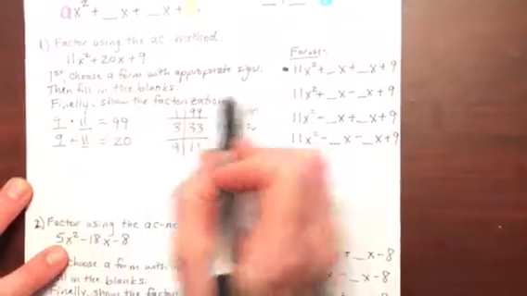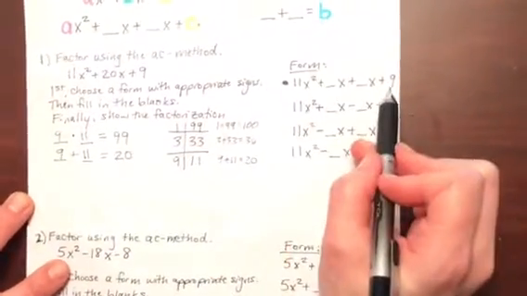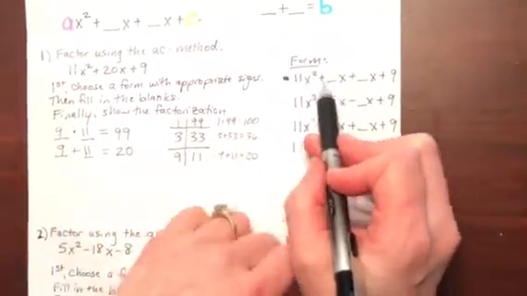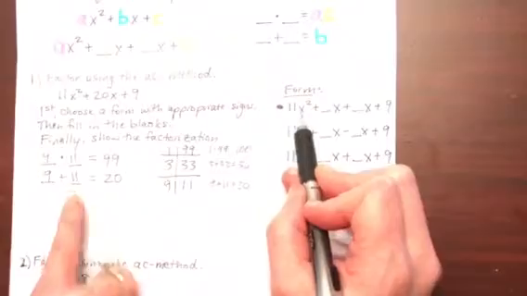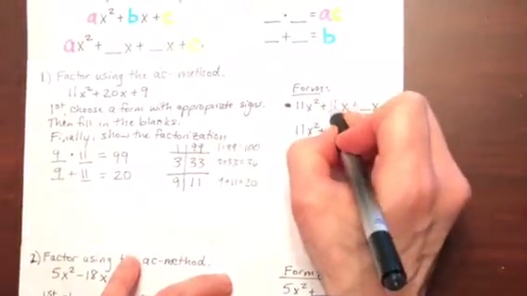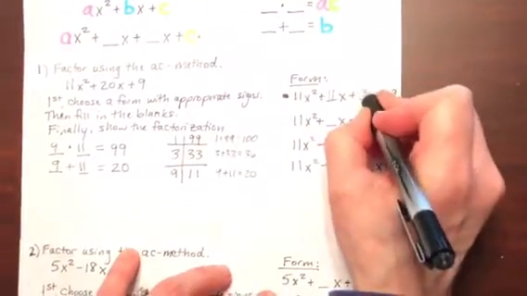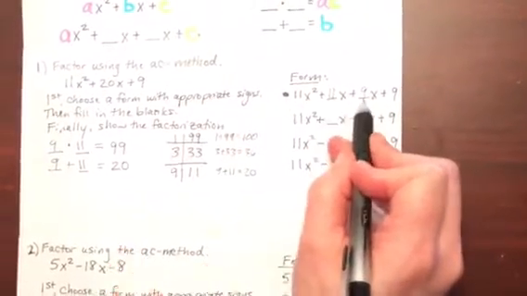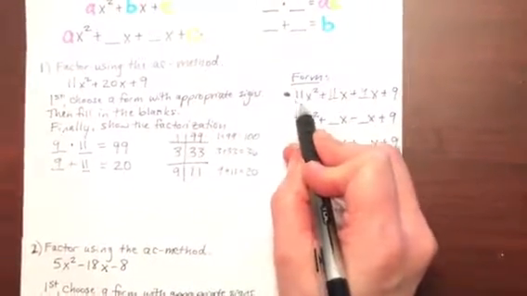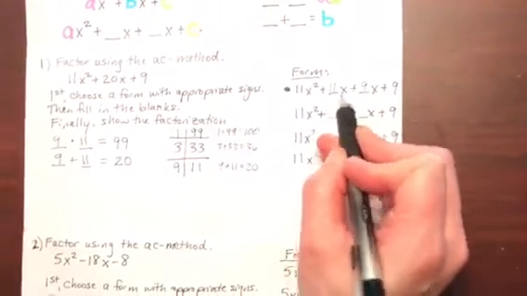Okay, so we're going to use this format. And so let's fill in our numbers. If you notice, it will actually be easier to factor by grouping if we put the 11 first, so it can be next to the 11x squared. So let's do 11x here and 9x there. And so now, once we've filled in these blanks, we're able to factor by grouping using those first two terms.